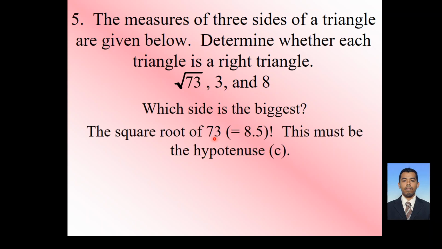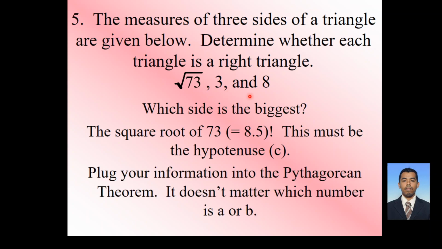The square root of 73 is equal to 8.5. Therefore, the square root of 73 is the hypotenuse, because 8.5 is the biggest value of these three values given. So it is called the hypotenuse.